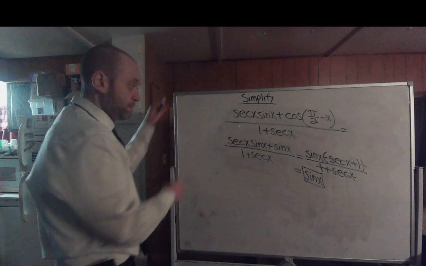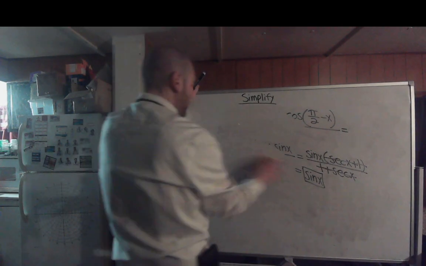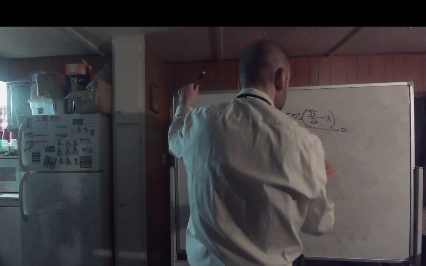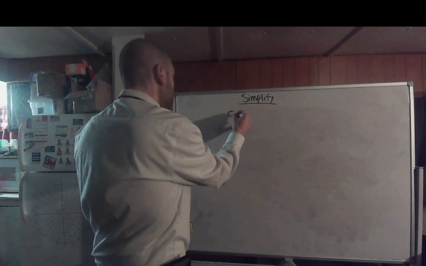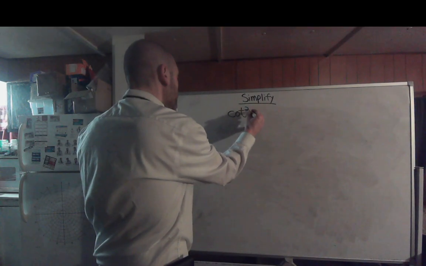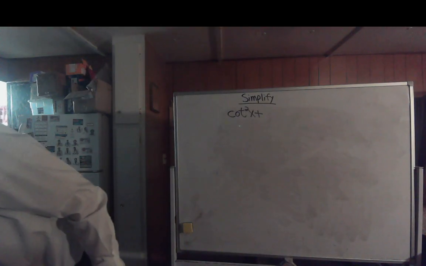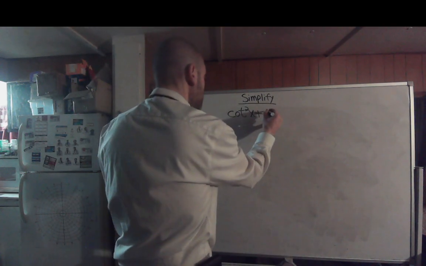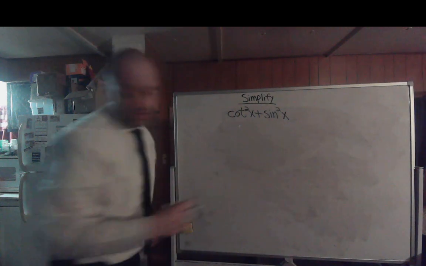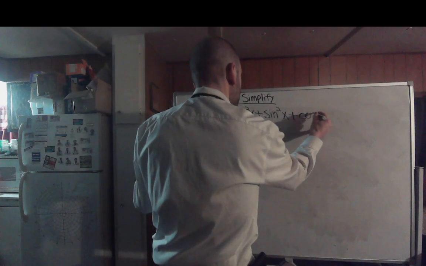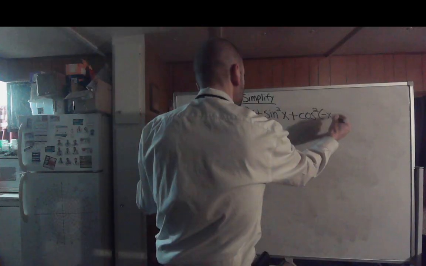I got two more. Let's see, we have the cotangent squared of x plus the sine squared of x plus the cosine squared of negative x.